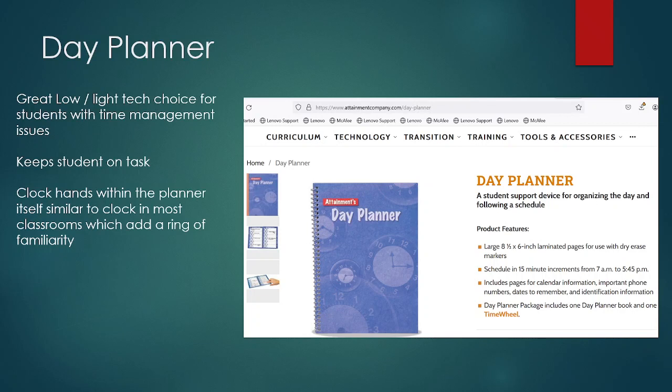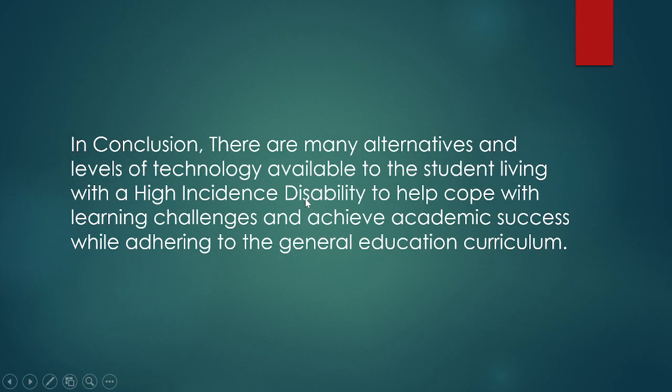For those that are familiar with the hands of a clock, to see when they should be completing one part of an assignment, when they should start working on another part of an assignment, when to start finishing up. And so they can plan their entire day, whether it's class periods or lessons, with this book.